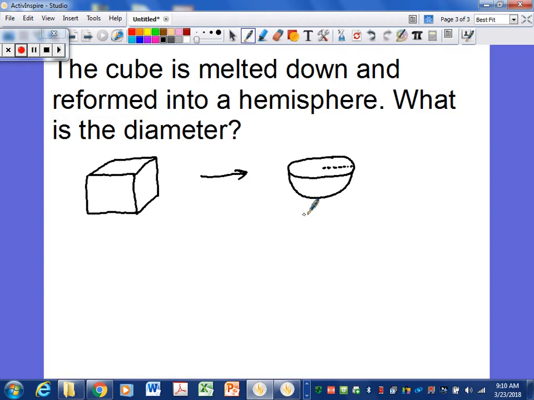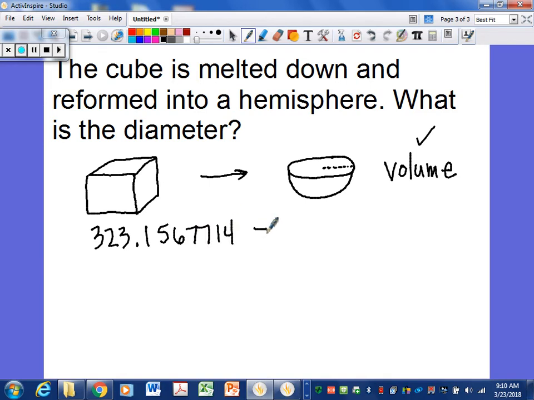We want to know what the diameter is, so all the way across. But still, the thing that stays the same is the volume. So even when objects change shape, the amount of material stays the same, and the amount of material is the volume. So once again, our volume was 323.15677714.